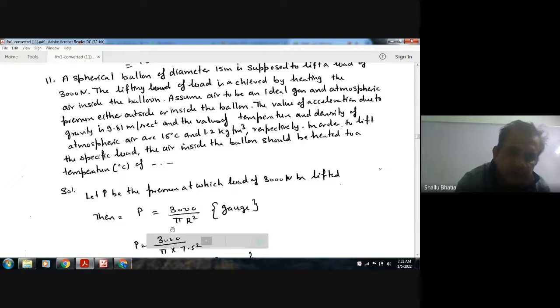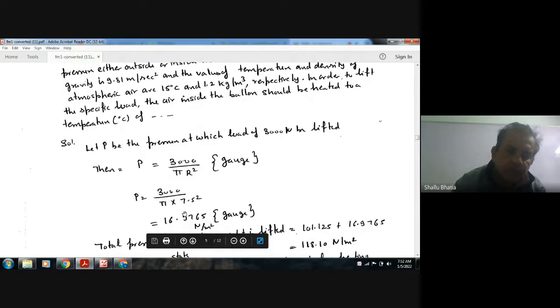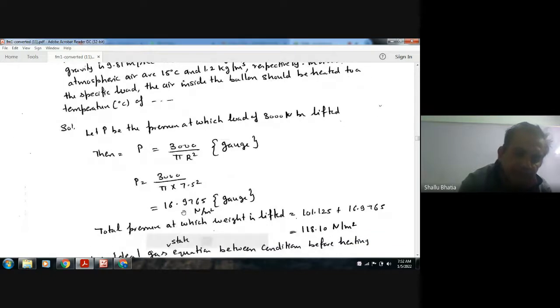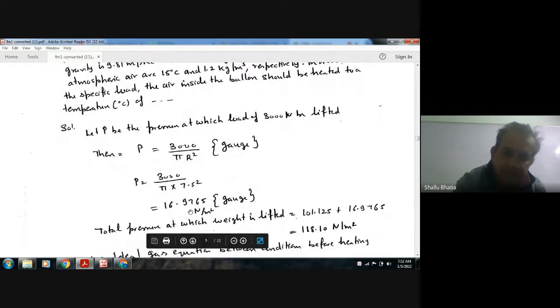That is 3000 by pi r square, where pi r square is the projected area of the balloon. The weight is acting downward, and the projected area of the sphere is perpendicular to the force of 3000 newton, so the pressure will be 3000 by pi r square. So this is the gauge pressure, and it comes out as 16.97.